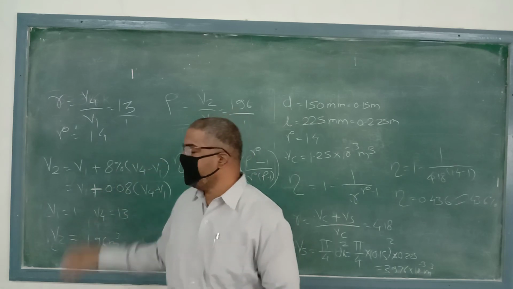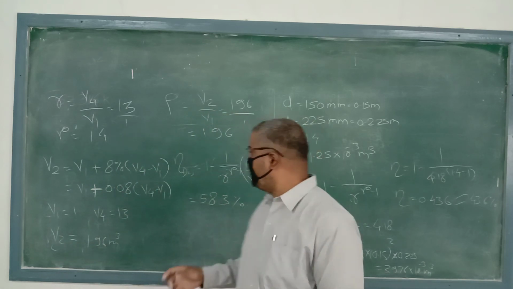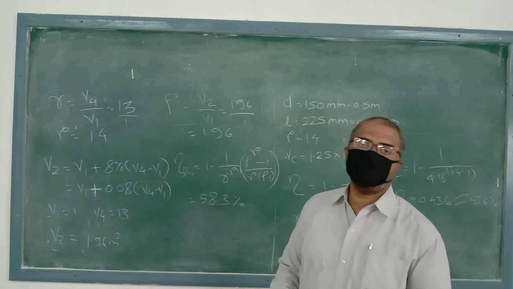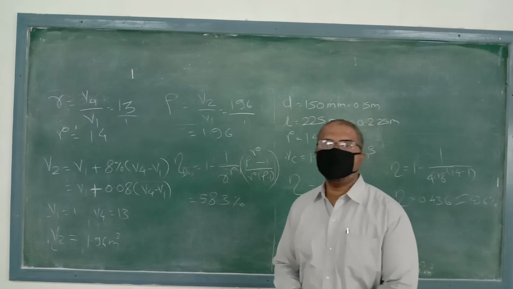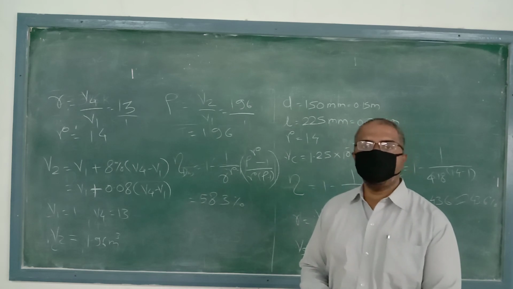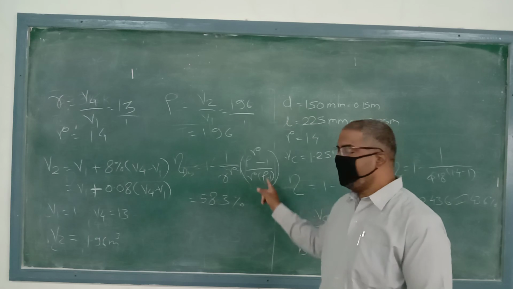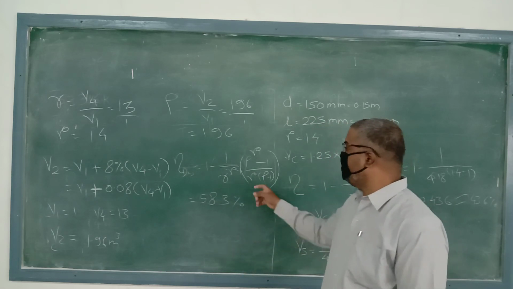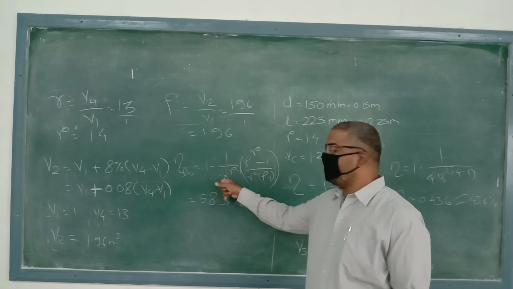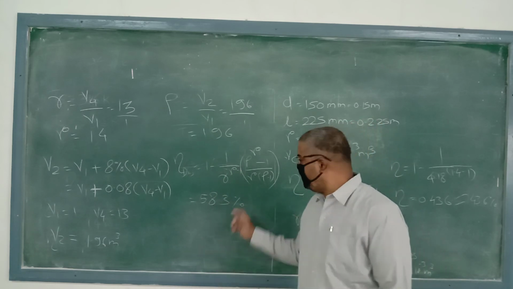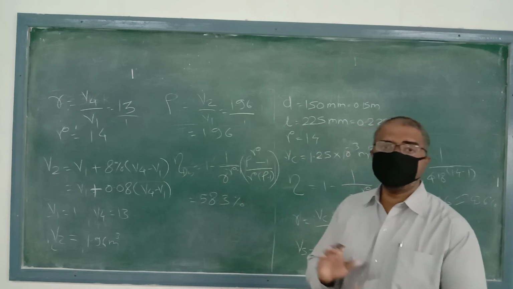Next we are finding the efficiency of the diesel cycle. We have the formula of efficiency of diesel cycle: 1 minus 1 upon R raised to gamma minus 1 into bracket cutoff ratio raised to gamma minus 1, upon gamma into bracket cutoff ratio minus 1. So in this problem they have given the value of compression ratio and value of gamma only, cutoff ratio is unknown.